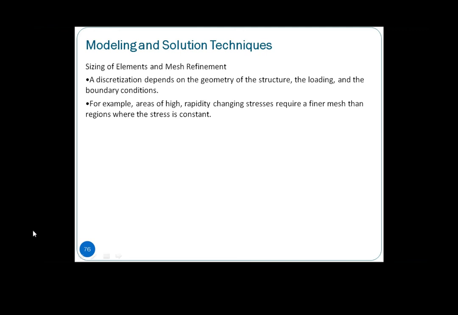So we have to find what we call a cut-off point. Because if you increase the number of elements or reduce the size of elements, it means you have more elements, which means a longer computation time.